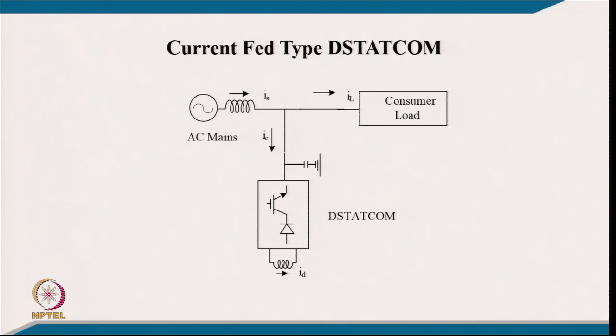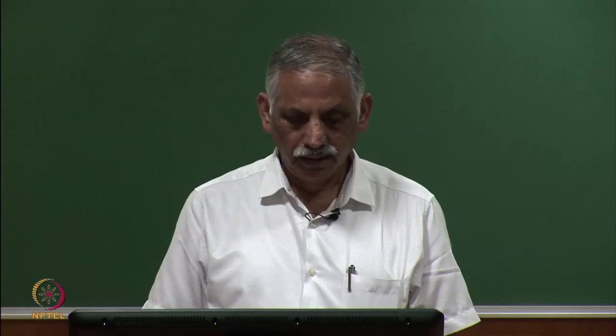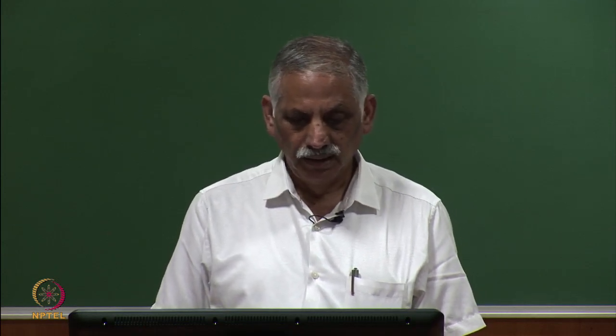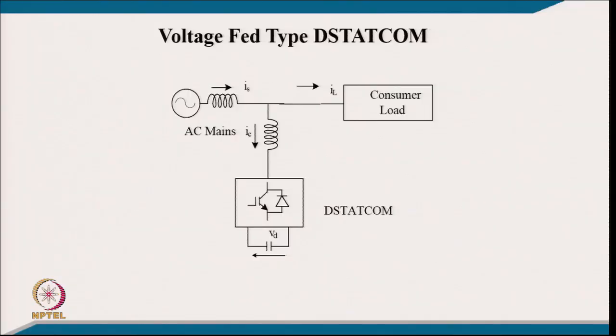Then this shunt capacitor on the AC side is also mandatory, you cannot eliminate it. So you are adding elements which increase the cost, size, weight and losses, and the response is also not so fast because of the inductor on the DC link.